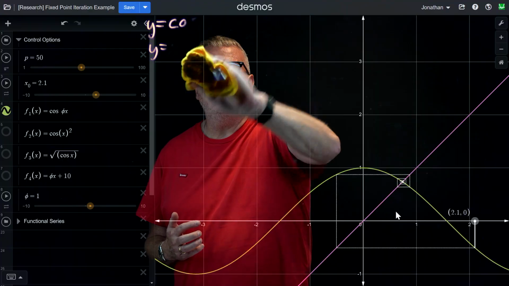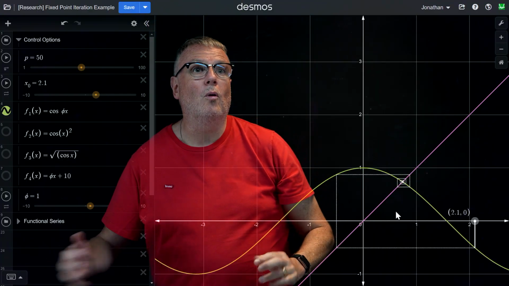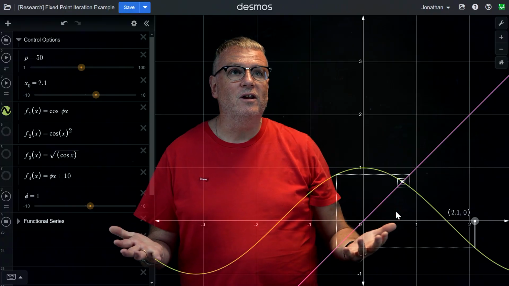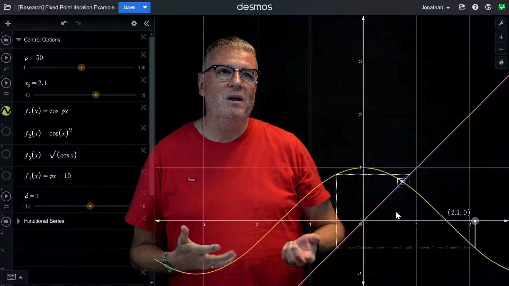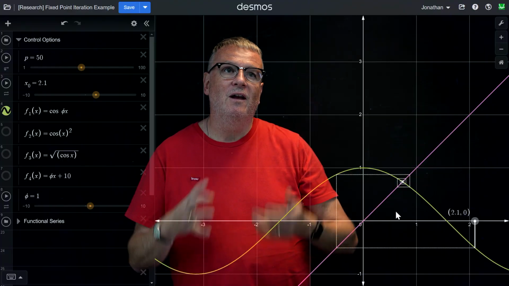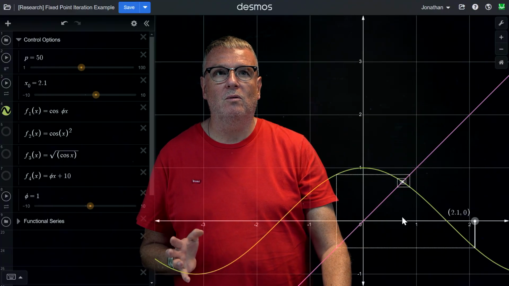So that graphically is a picture of what my calculator was doing. Machine learning starts with a guess. We don't know what the answer is. It repeats a process using a machine. It gets to an answer. That is what machine learning is all about.